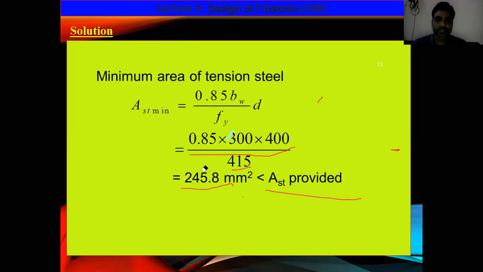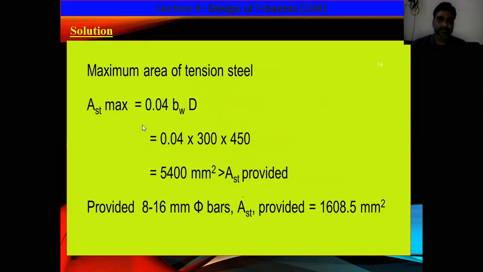Next, the maximum A of ST is, as I told, 4% of BD. Here B is nothing but the width of the beam, and D is nothing but the total overall depth of the beam.